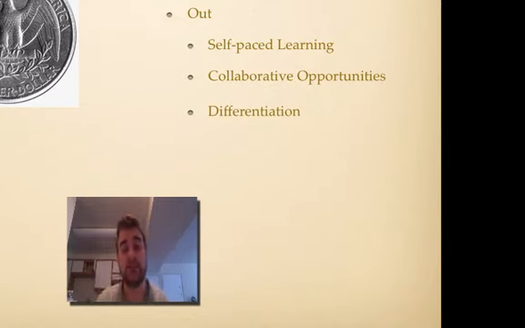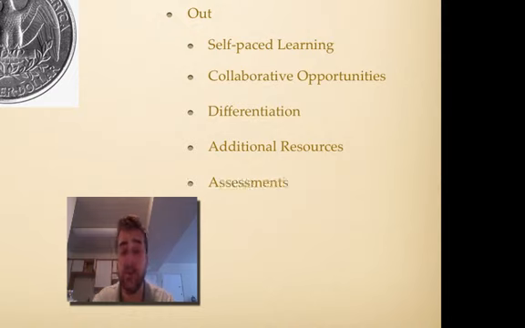So many times whenever we talk about differentiation, we discuss only the students with special needs on the low performance end. But lots of times students are underachievers because they're simply bored. So again, we can provide additional resources for those students who need to catch up, and also those who are way ahead of the curve.